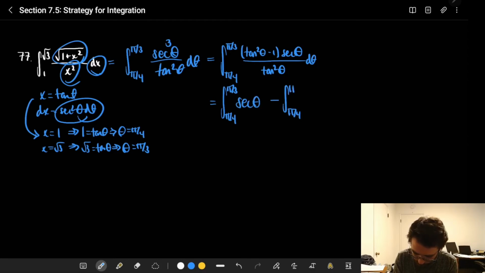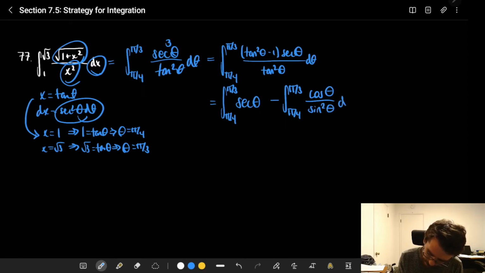Then the second part of the integral would be just, with a minus sign, secant over tangent squared. But secant over tangent squared is 1 over cosine over sine squared over cosine squared. Just cosine over sine squared, I think, when you simplify it, which is a great u sub problem.